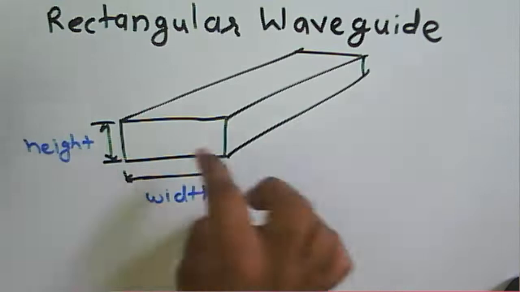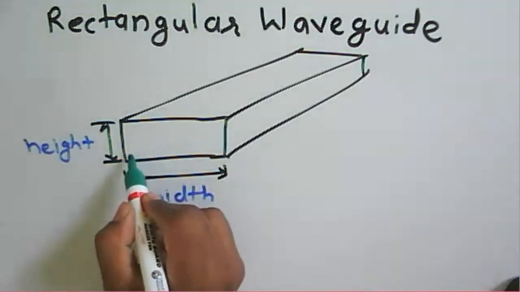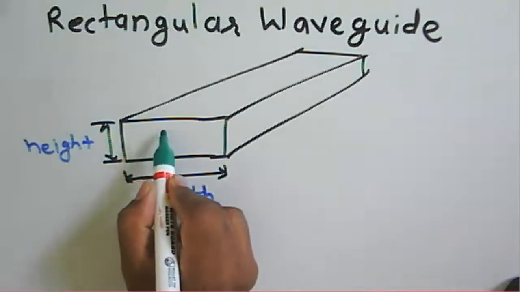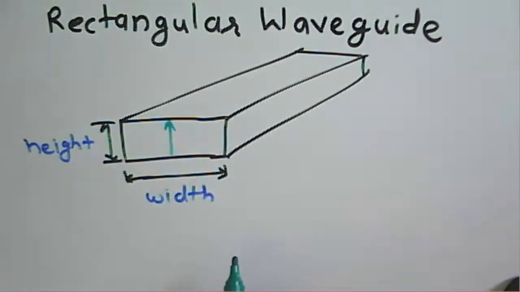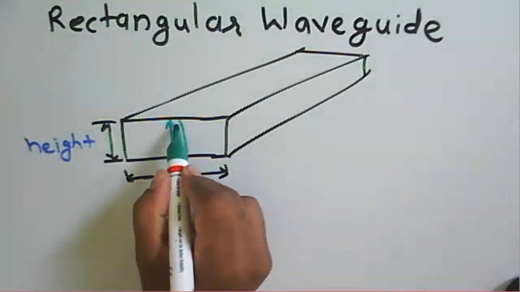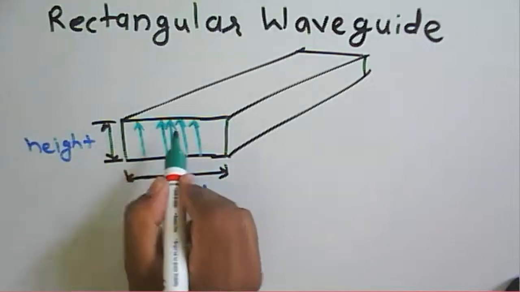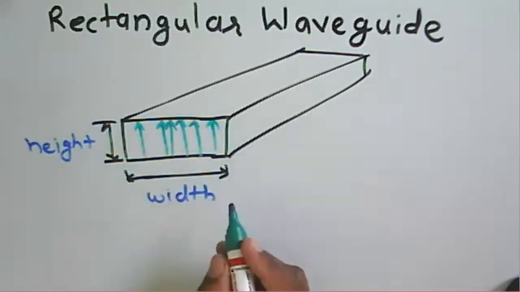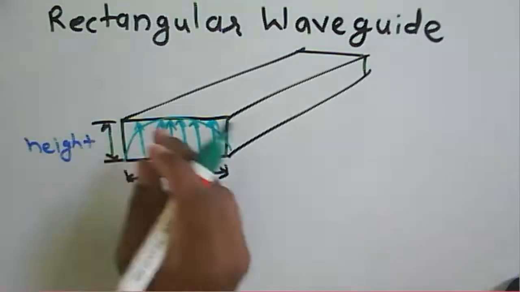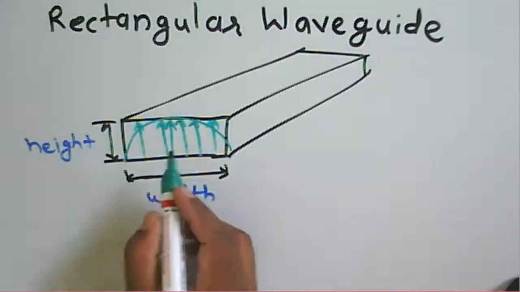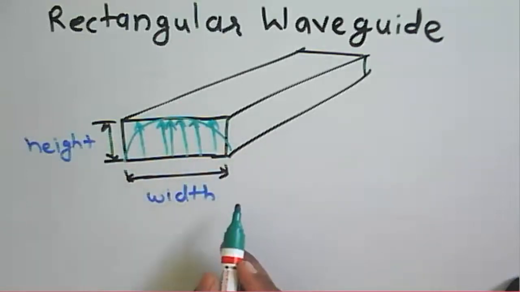Now let us remember this particular portion, the width, where we have the maximum intensity of the field component at this point. This is your field distribution. Suppose I draw a half sine wave; this is a half sine distribution of the electric field.